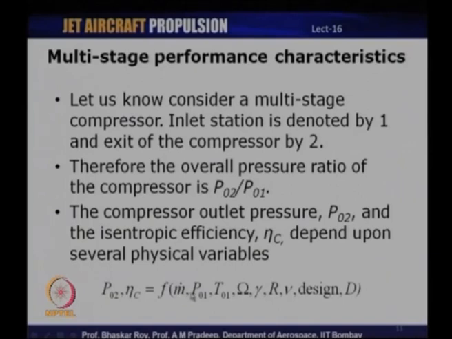It could be mass flow rate, the inlet stagnation pressure, inlet stagnation temperature, the rotational speed, the ratio of specific heats, gas constant for the working fluid, viscosity of the working fluid, the design of the blades themselves, and the diameter d. So, these are different parameters on which the outlet stagnation pressure and efficiency depend.